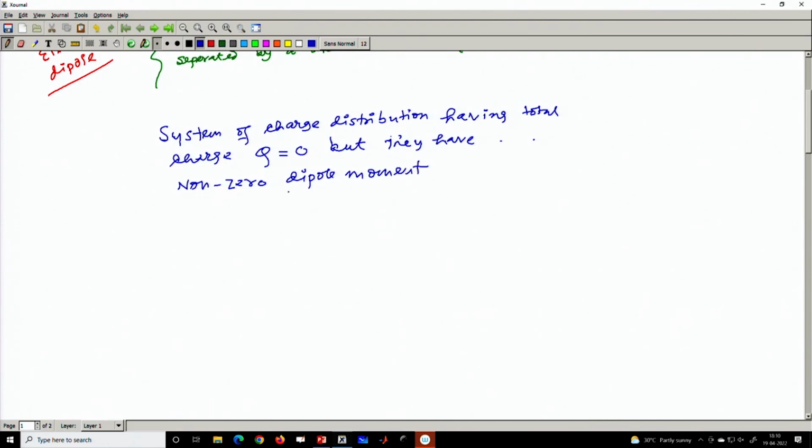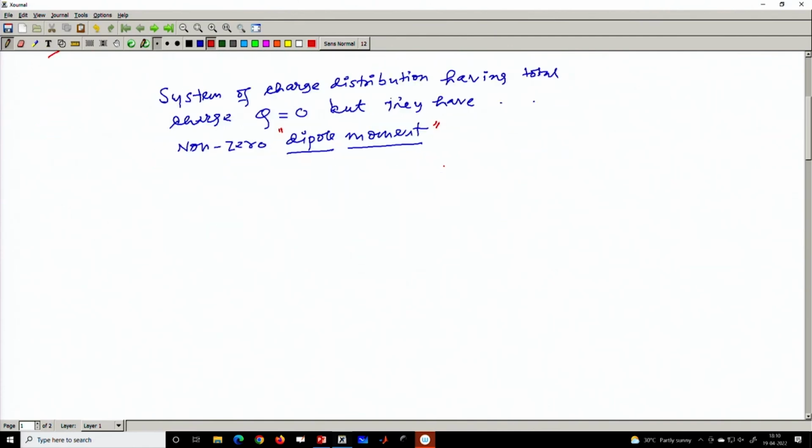So, this is an important term, dipole moment. We are going to discuss this in detail. So, the point is, a system of charge distribution having total charge 0, but having non-zero dipole moment, can also be considered as an electric dipole.